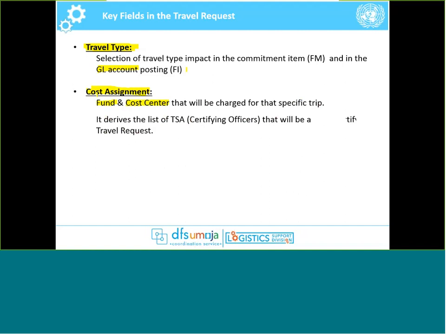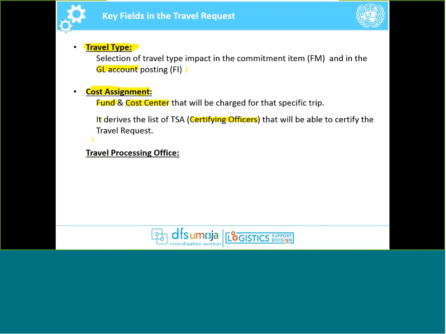Remember that the cost assignment will derive the certifying officers that will be able to see that particular travel request in their work centers and will be able to certify it. So make sure you always check that the proper cost assignment is used in the travel request. We can have a look later in the system at how to change the cost assignment as a travel administrator.